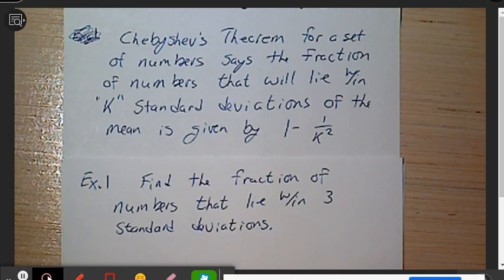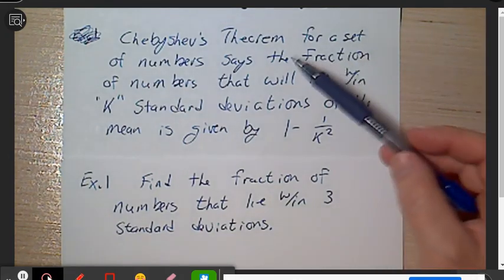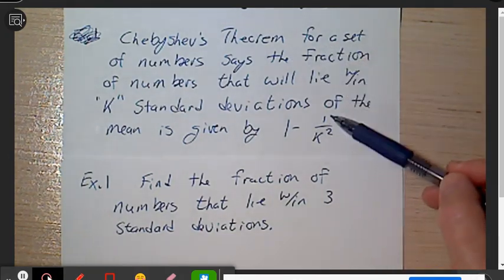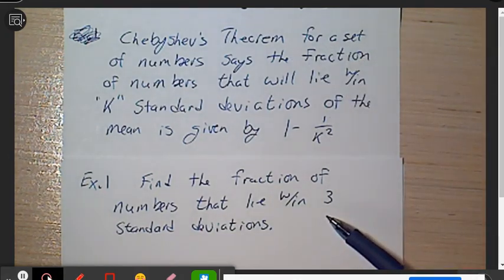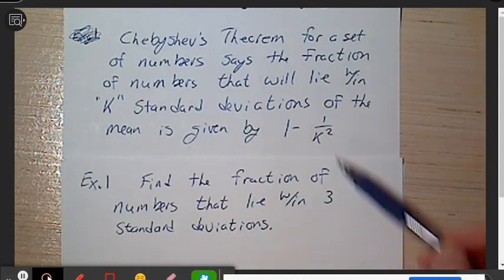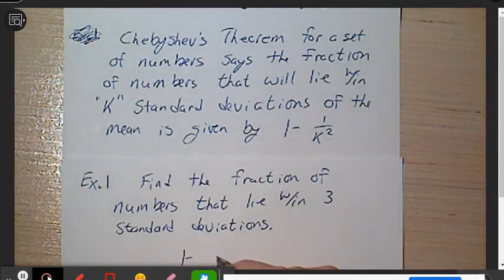Okay, so for this one, again, this is basically your setup. Chebyshev theorem is always the same thing. It's 1 minus 1 over k squared. This one, they're telling you that your 3 standard deviations is here, so it's just 1 minus 1 over 3 squared. What's 1 minus 1 over 9?